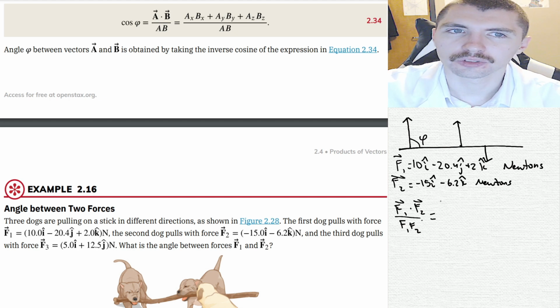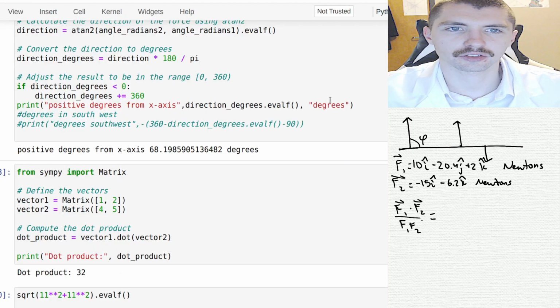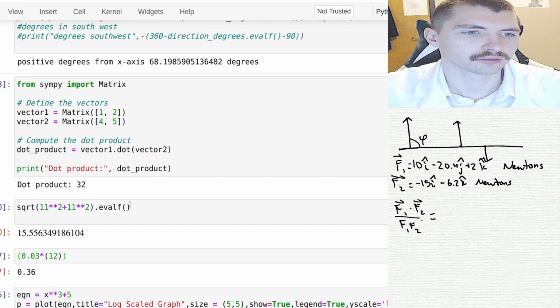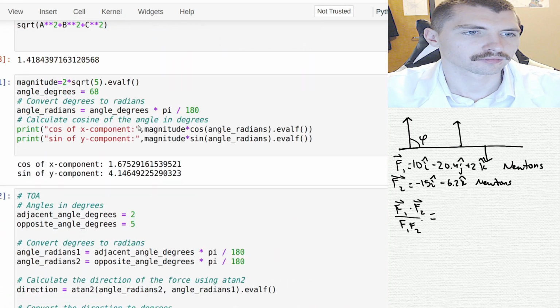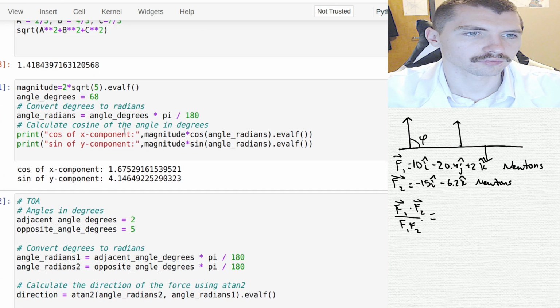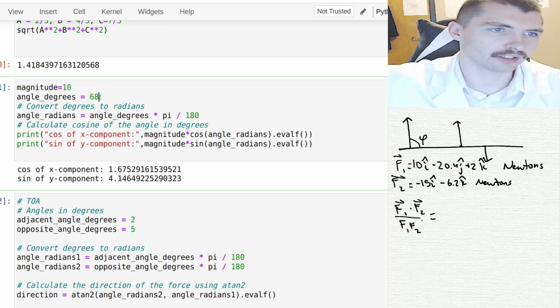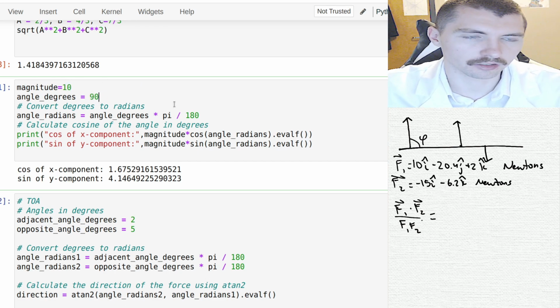So AX, okay, so AX, so it's 10, 90 degrees.